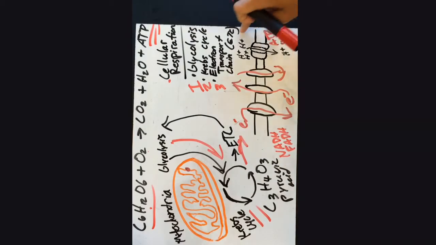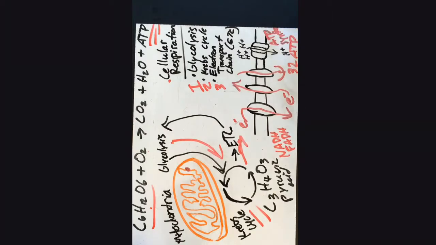And this has high energy H+ ions pumped through it to create a proton gradient, which creates a ton of ATP. Actually it creates 32 ATP, which is a monumental amount of ATP.